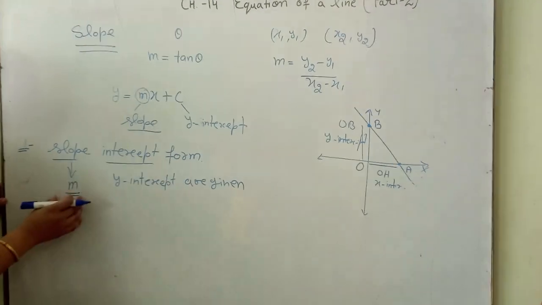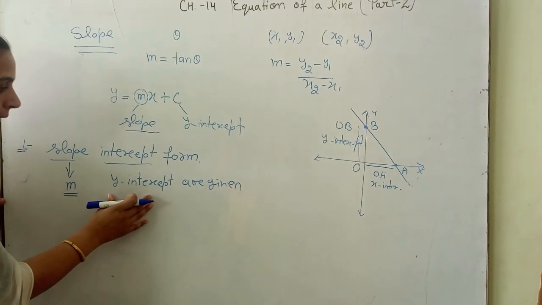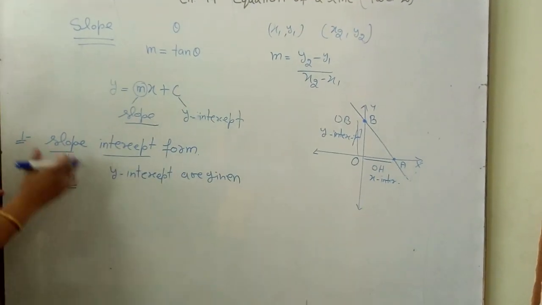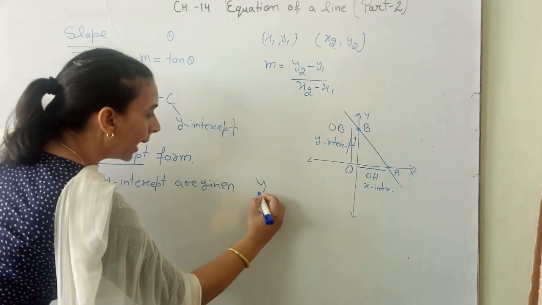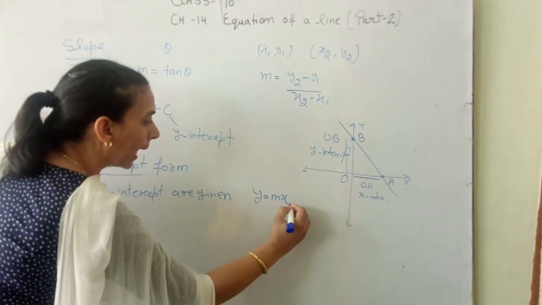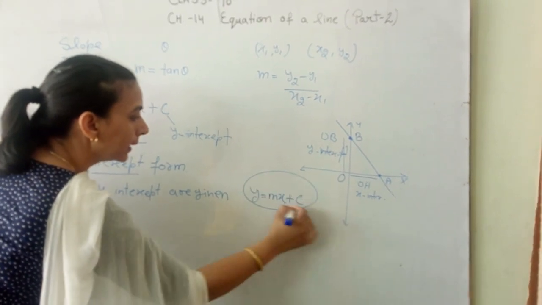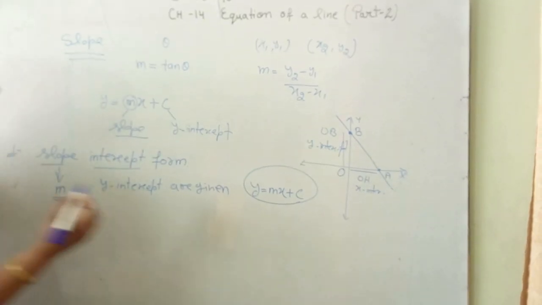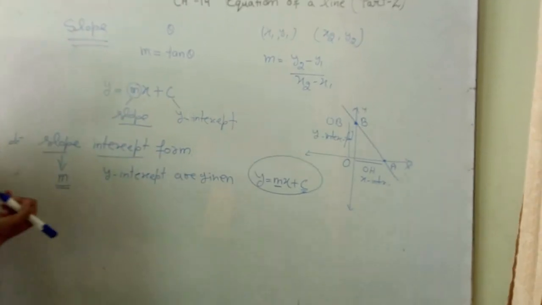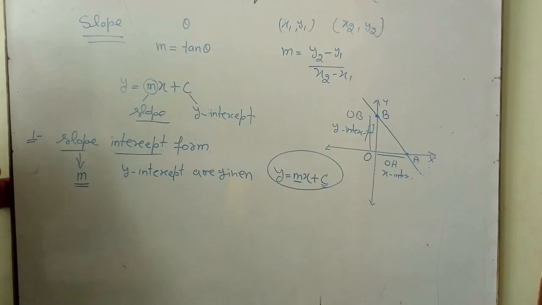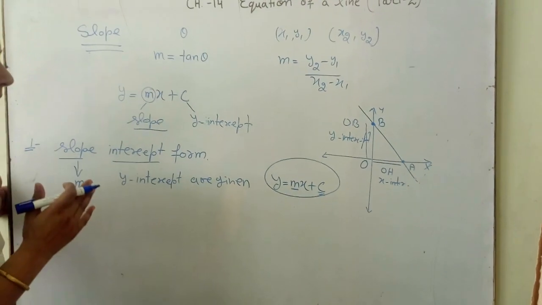Slope-intercept form means m slope and y-intercept both are given. Then we use slope-intercept form, which is y equal to mx plus c. The coefficient of x is the slope, and c is the y-intercept.